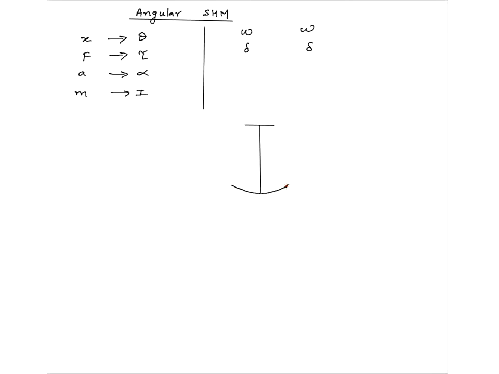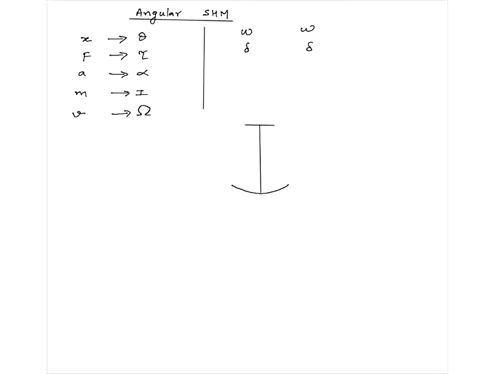So in case of angular SHM, if I want to emphasize on, say, angular velocity, then I would be using a different omega symbol. There is one more symbol for omega, which is somewhat like this. This is where you have to be very careful.